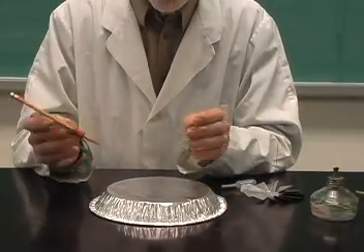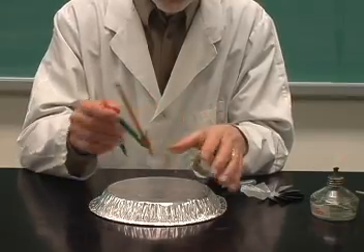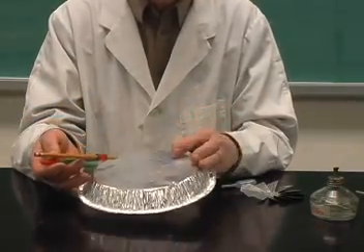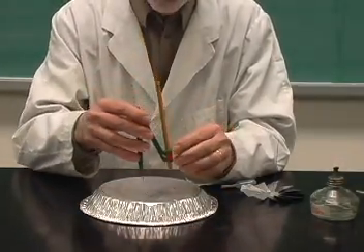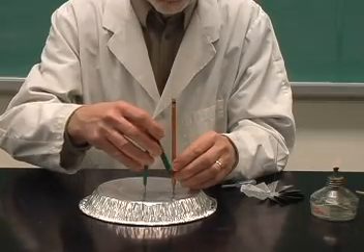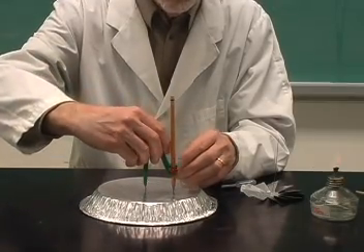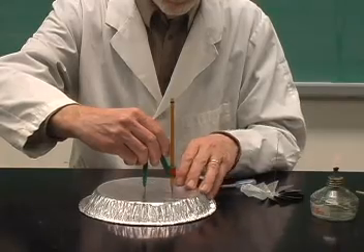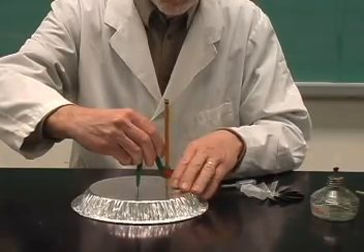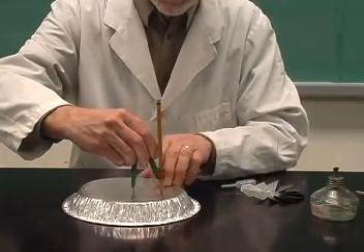So how can you make this little fan? Well, you can take an aluminum pie plate and a compass and just push the compass through the pie plate and then mark a circle.